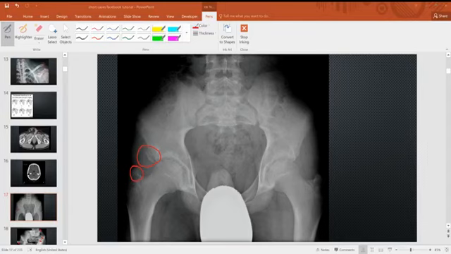Gluteus muscle. Okay, very good. Which muscle attaches to the ischium here? This is the hamstring muscle. And which muscle attaches to the anterior superior iliac spine?